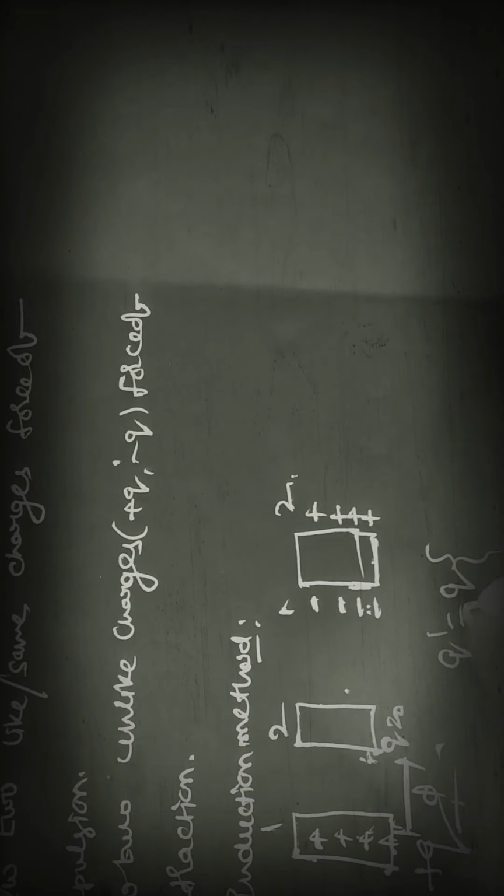So the induced charge is q dash equal to minus q multiplied by (1 minus 1 by k), where k is called the dielectric constant.